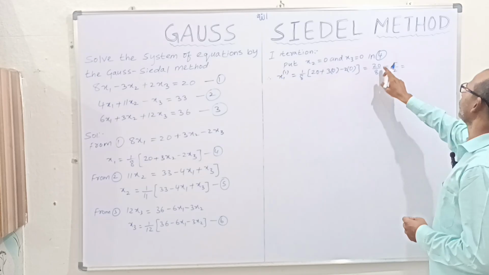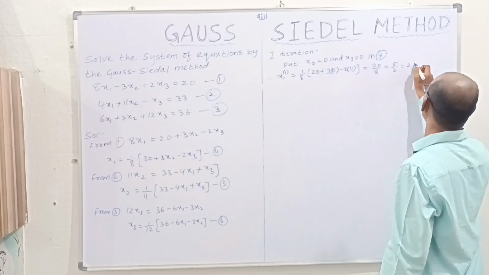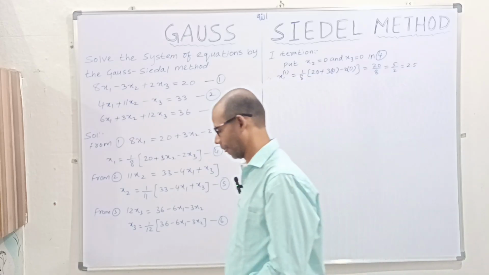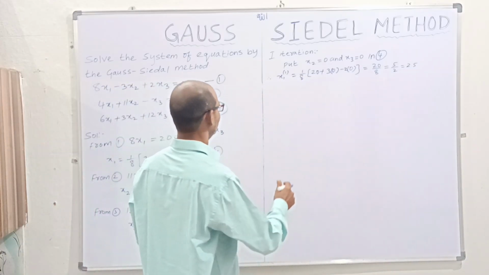Cancelling with 4: 4 2s are 8, 4 5s are 20. So 5 by 2 is how much? 2.5.